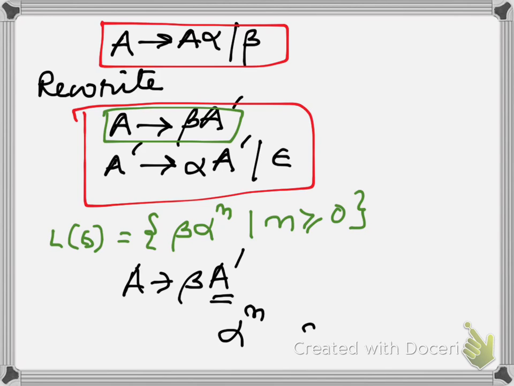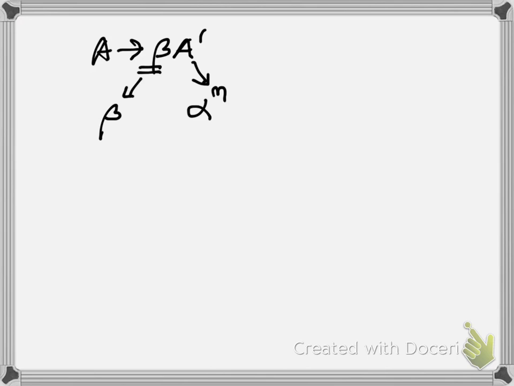n number of alphas. So you can see A derives beta A dash. This is for deriving the first beta that is starting, and this is for deriving the n number of alphas, where n is greater than or equal to 0.